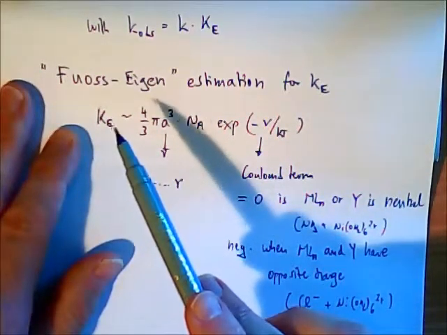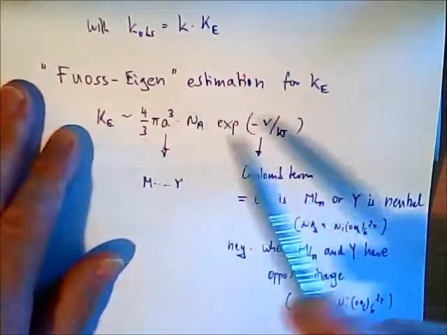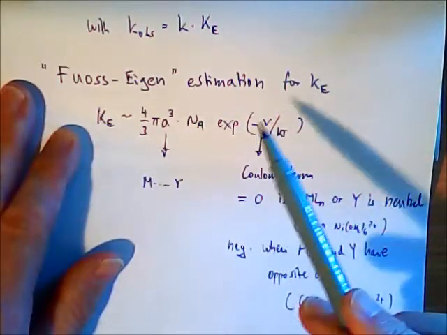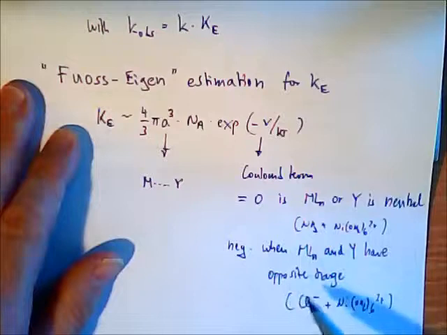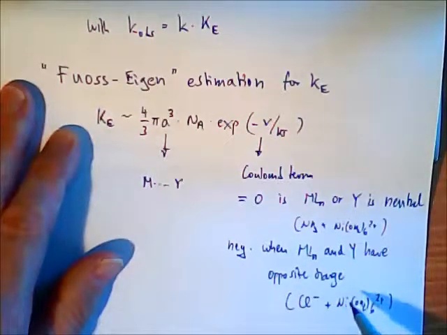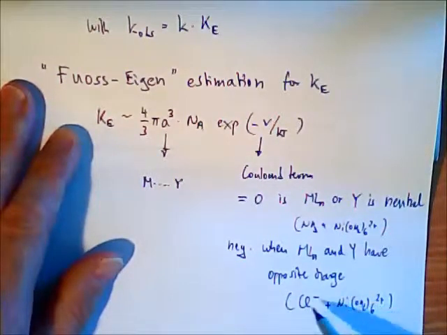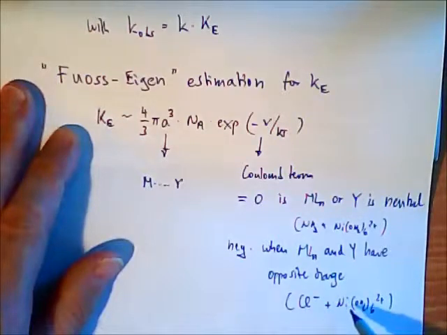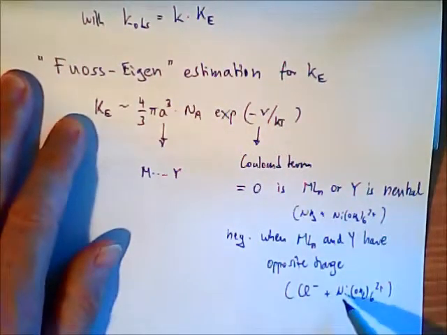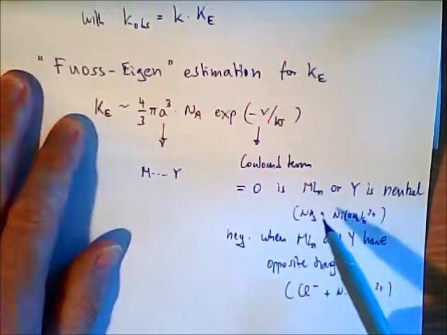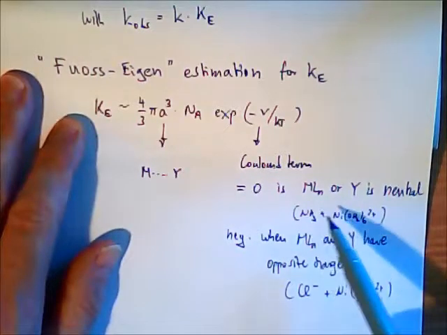That means the Ka will become much bigger, minus plus, when we have opposite charges. And this is also quite logical, because these two molecules will attract each other much faster and will be much more on the side of the encounter complex than the neutral molecule.